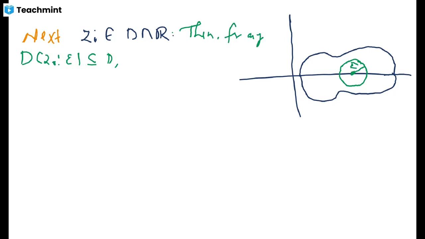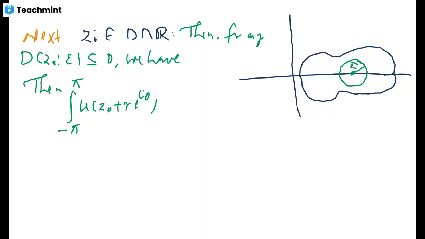I'm now looking at minus pi to pi instead of 0 to 2 pi: the integral of u of z naught plus r e to the i theta, for any r in such a way that this circle lies inside this disk of radius epsilon, d theta upon 2 pi.